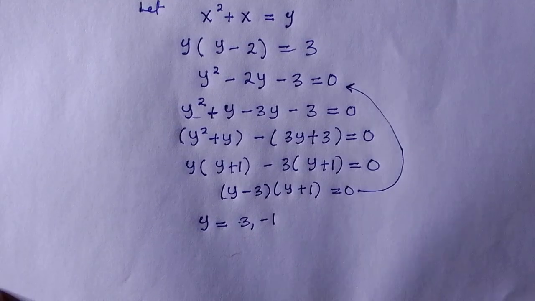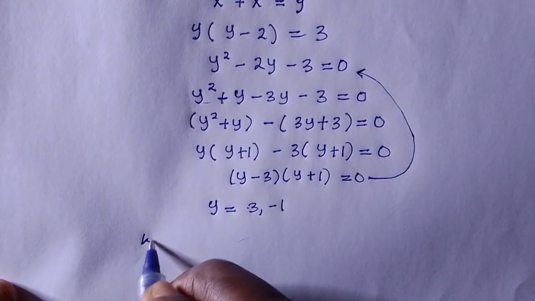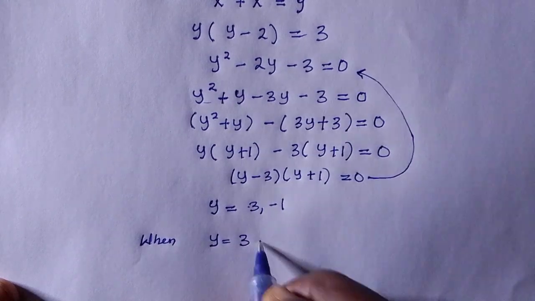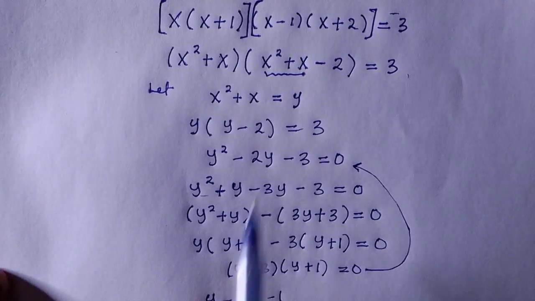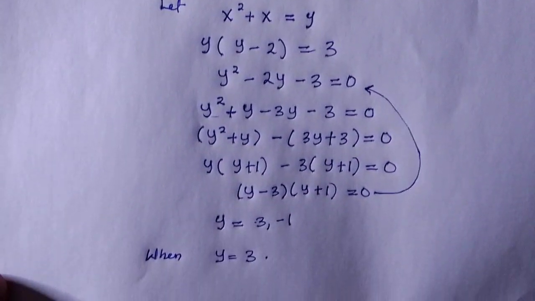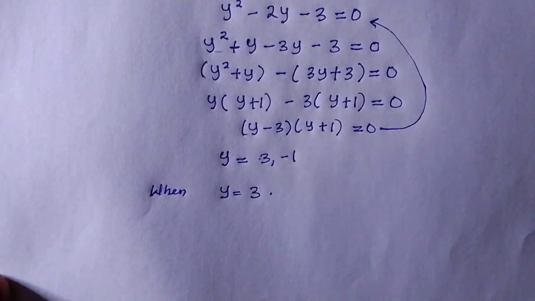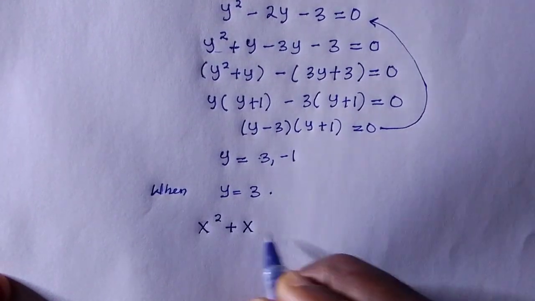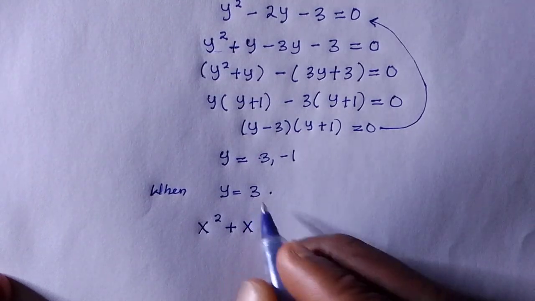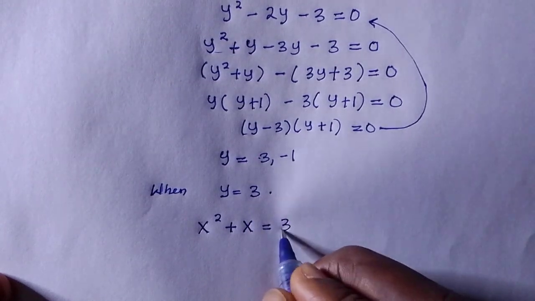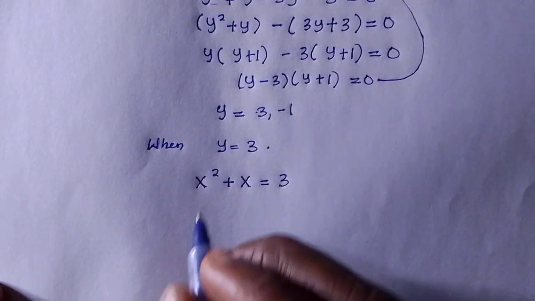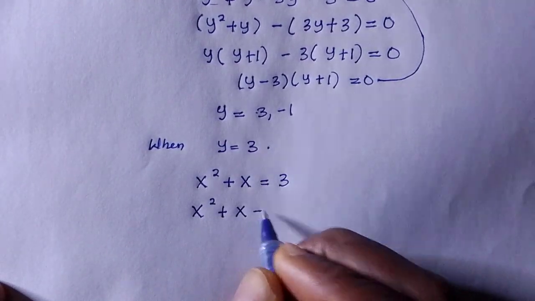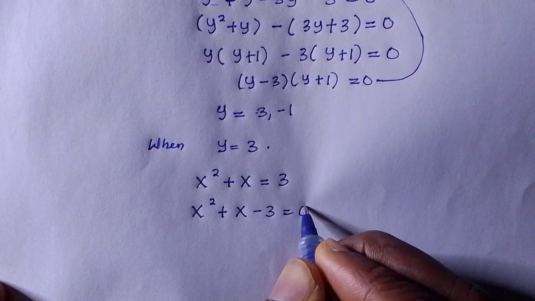Then we consider when y equals 3. We have to replace it here, as x squared + x equals y. Then we replace that y with 3. So by proceeding, we have x squared + x - 3 = 0.